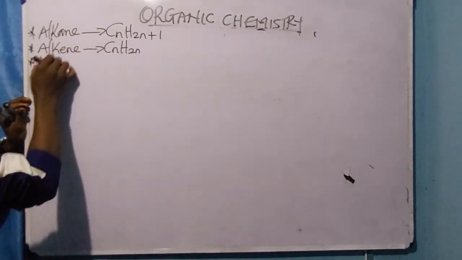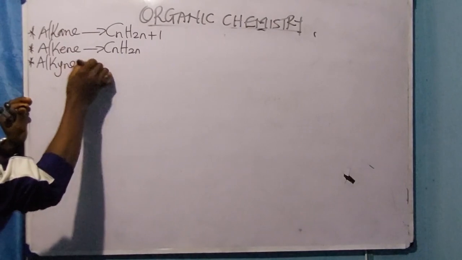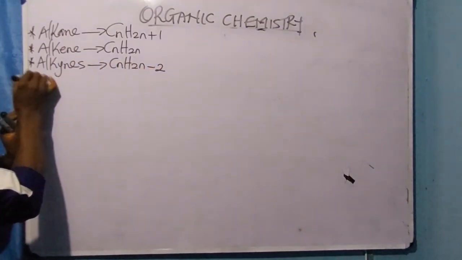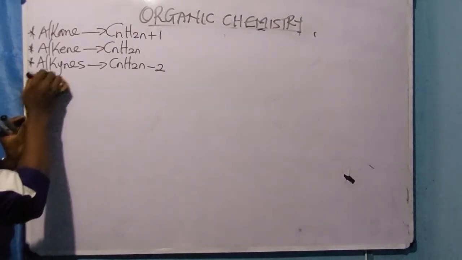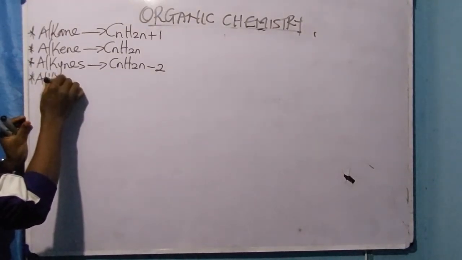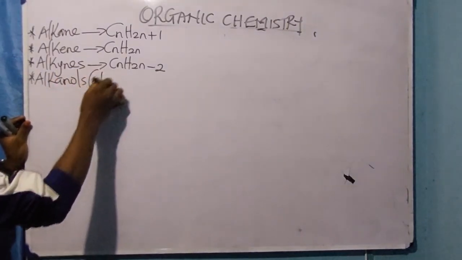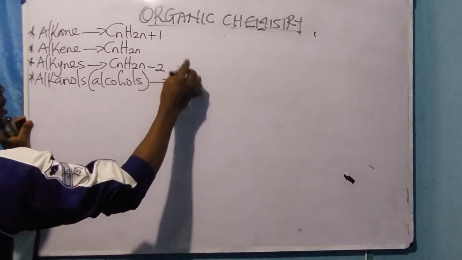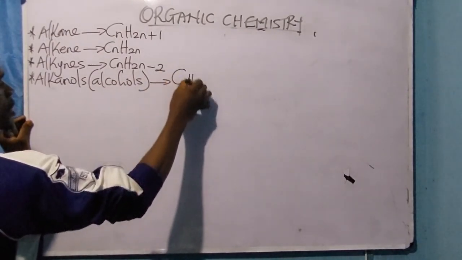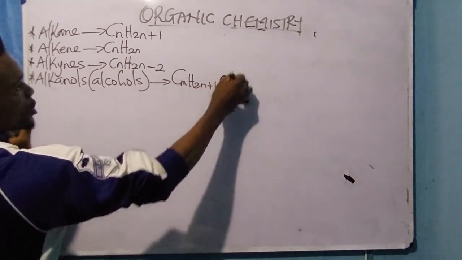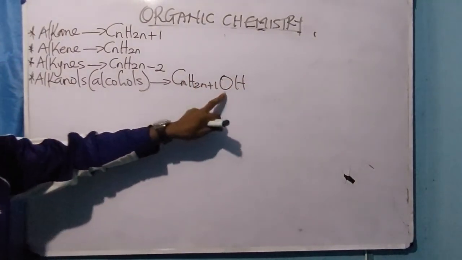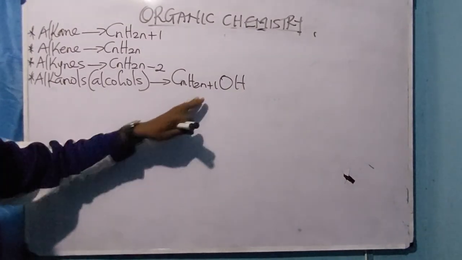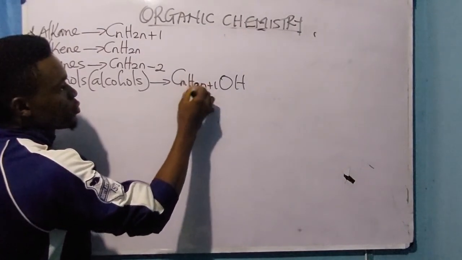Then alkynes, CnH2n-2. And alkanols, also called alcohols, CnH2n+1OH. This OH is the hydroxyl group, and that is what gives it the chemical properties.